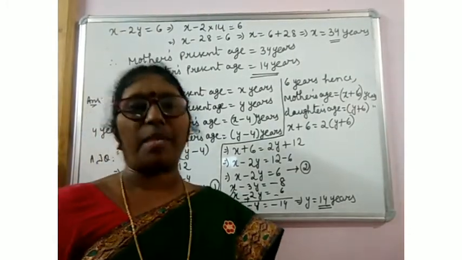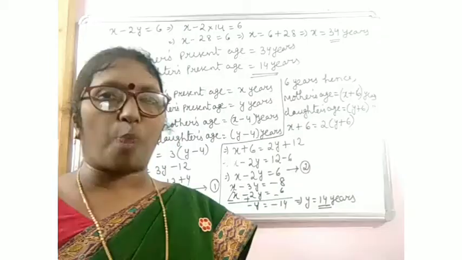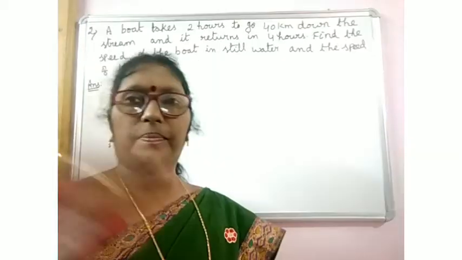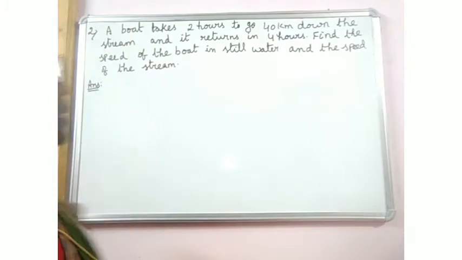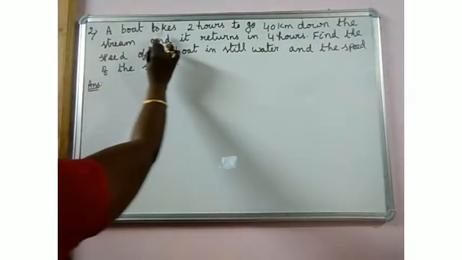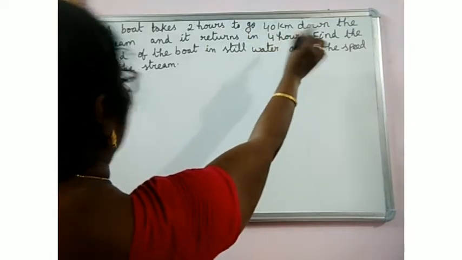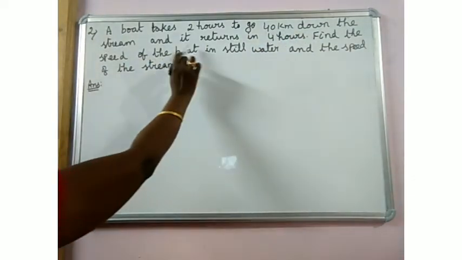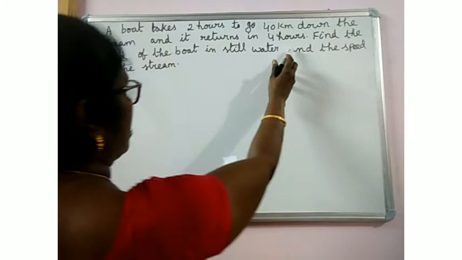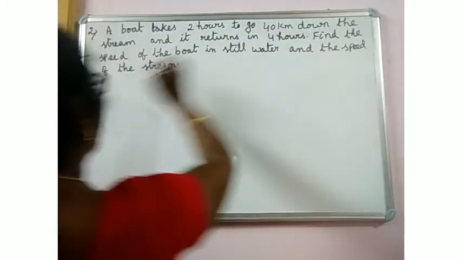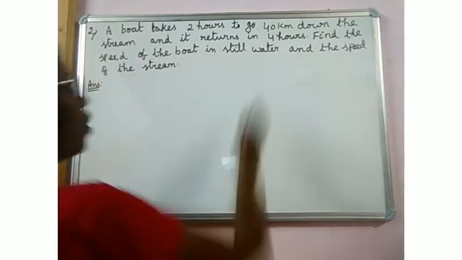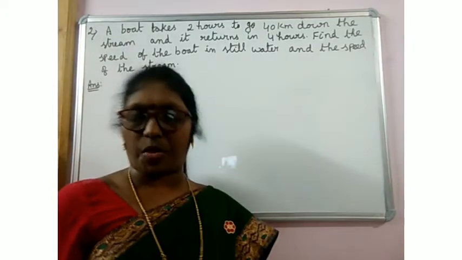Okay. Now let me solve one more problem of different variety for you. So your second question is, a boat takes 2 hours to go 40 kilometers down the stream and it returns in 4 hours. Okay. Find the speed of the boat in still water and the speed of the stream.